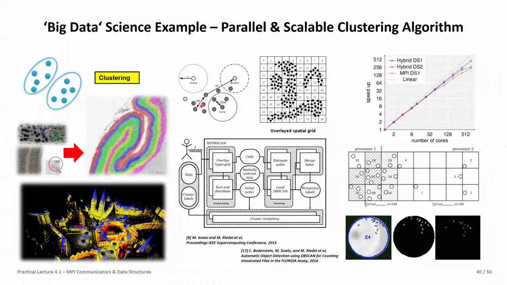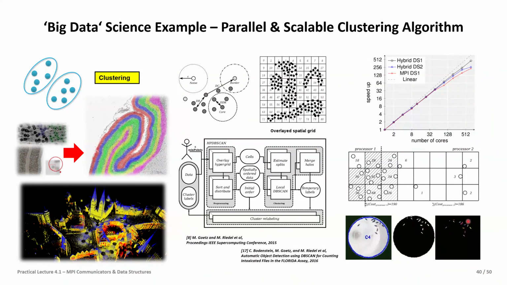Given the rules that we implemented, we see an overlay of the grid and then estimate splits, as we discussed here, and then merge halos, local DBSCANs, and then go with ghost layers and so on. I think it would take a whole lecture just to explain HPDBSCAN in detail. Of course, there are papers around it, and we actually use this also for other applications.